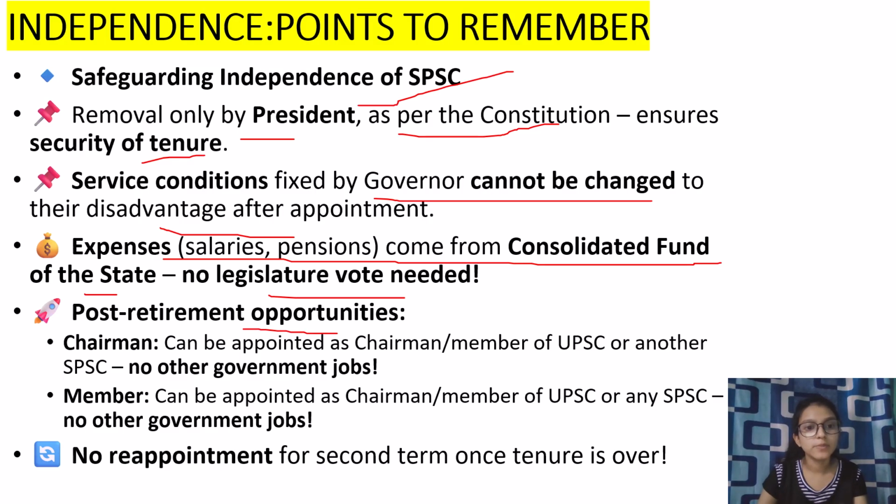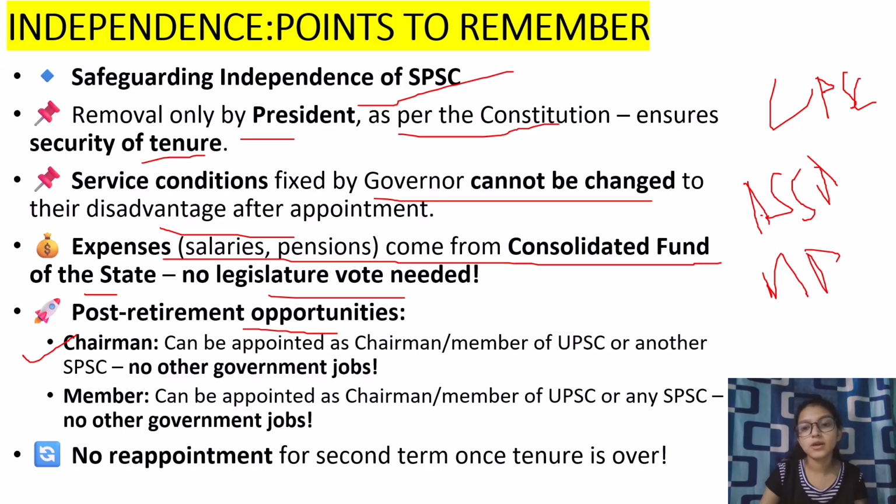Post-retirement opportunities: the chairman can be appointed as chairman or member of UPSC or another SPSC, but not in any other government job. So either they can go for UPSC or for any other state. For example, I am from Assam. If I am a member of Assam SPSC, I can go for Madhya Pradesh or Andhra Pradesh.